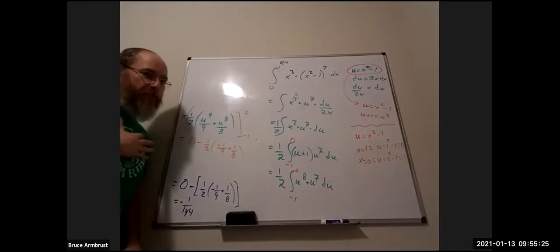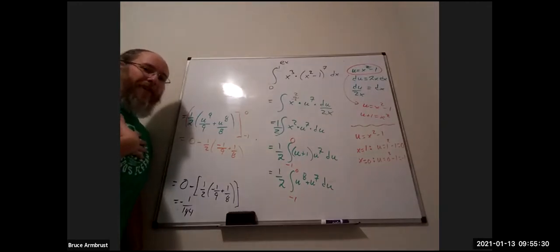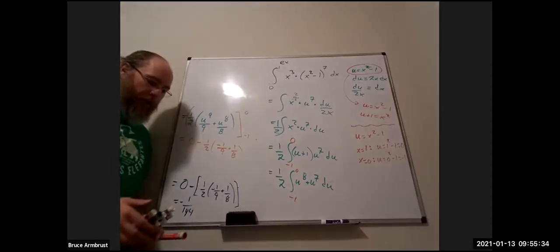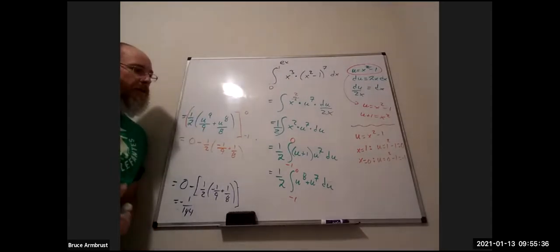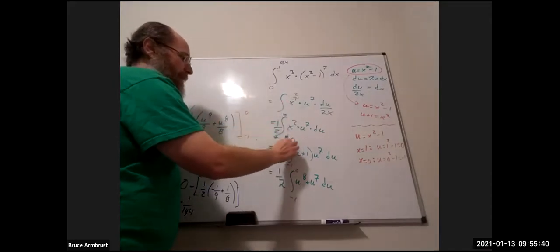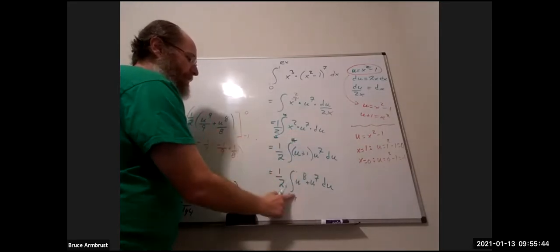So that's Bruce's personal preference. This is what I do when I'm doing a definite integral with substitution: I go ahead and change those bounds right away. Otherwise, you just kind of have to put placeholders here and say, well, the bounds are going to change, I just don't know what they are.